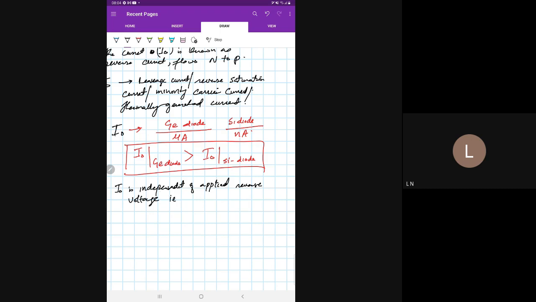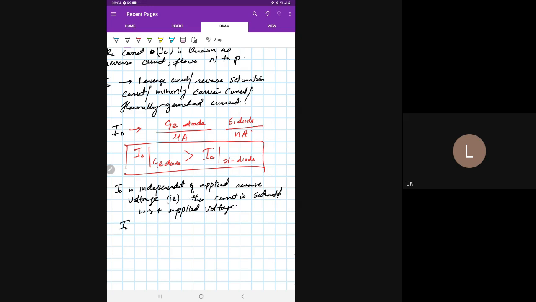Because this current is saturation current, that is, this current is saturated with respect to applied voltage. Forward current highly depends on applied voltage, but reverse current does not depend on the applied voltage. It is independent of applied voltage.